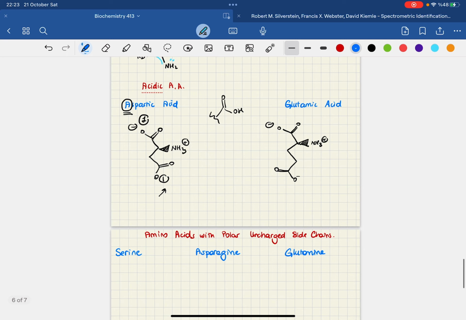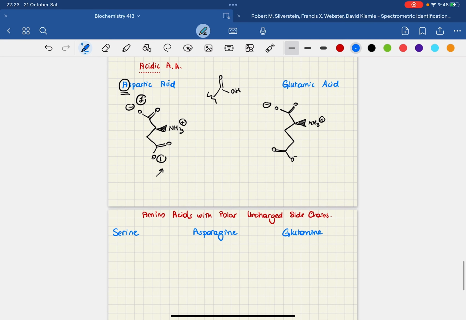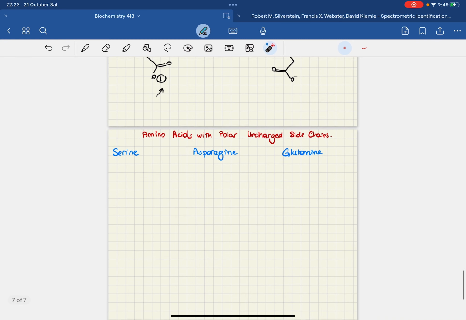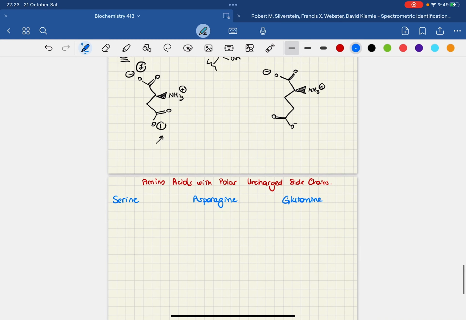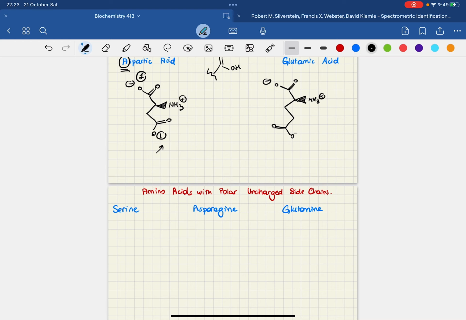Now, as you can see the similarity over here, we had glutamic acid and then we have aspartic acid. It's just that instead of O over here, instead of this part over here, we will have an amine group. This is our one and only difference in those two. All right, now let me draw you nearer so that you can see the difference.